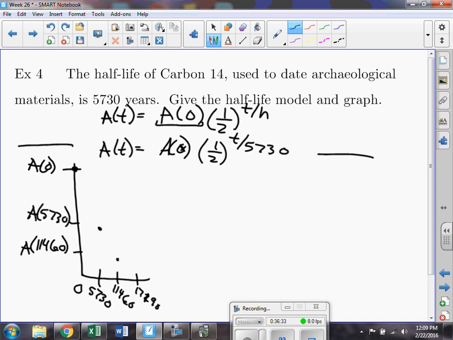At a time of 3 half-lives, it's cut in half again. And so we can follow the pattern and note it will wind up having a horizontal asymptote. And there's our graph.